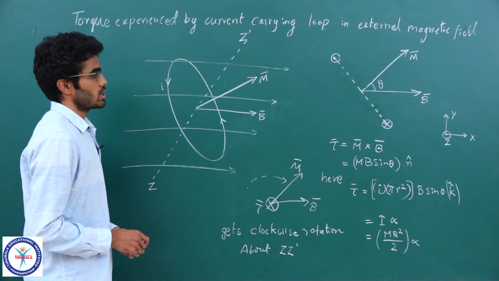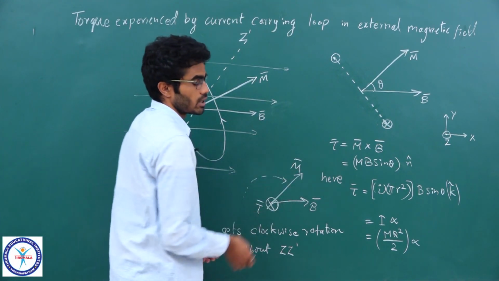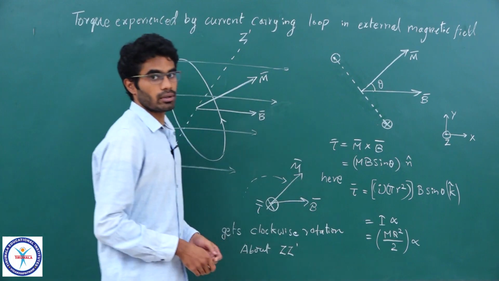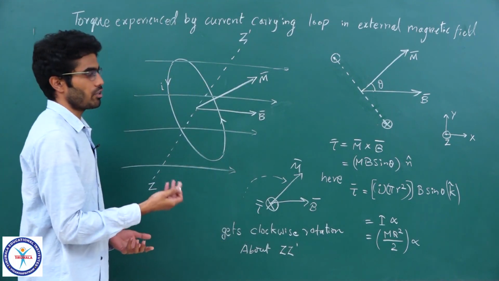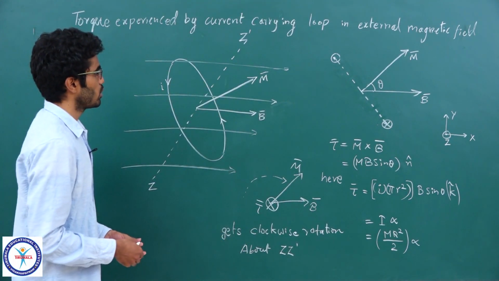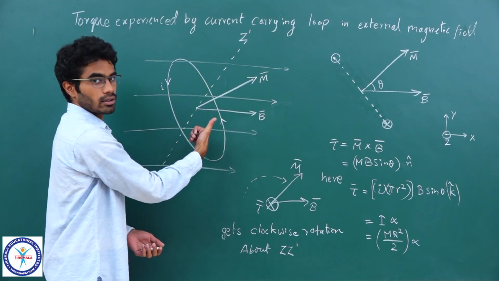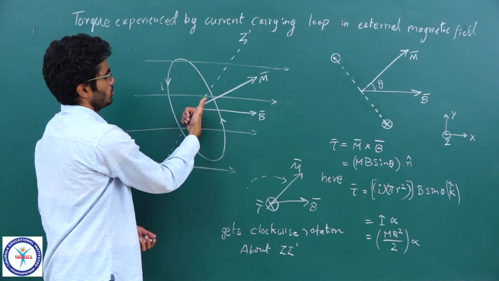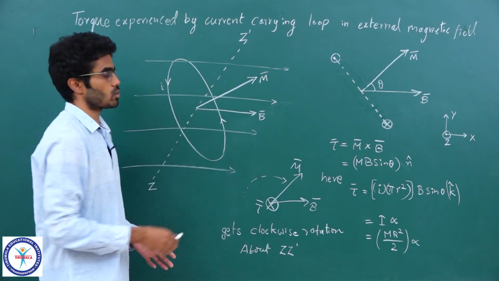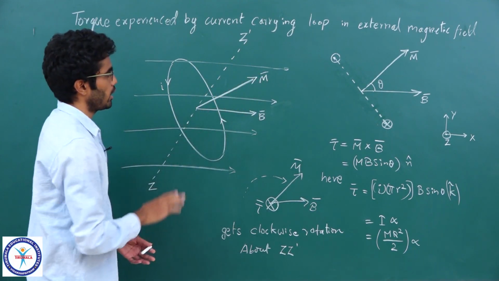The torque is calculated using the relation torque equals m cross B. But let us identify all the essential vectors here. M bar will be pointing in this direction; you have to curl your fingers in the sense of current direction, then the thumb points along m bar. So, m bar is here. I hope it is clear to you.